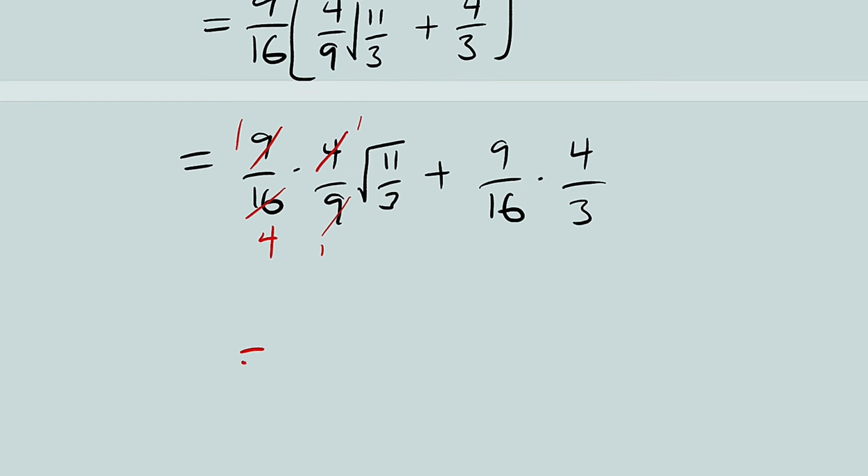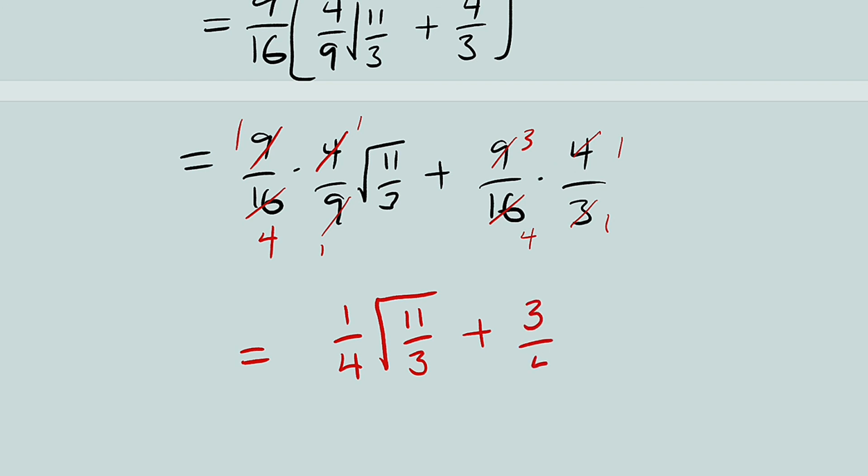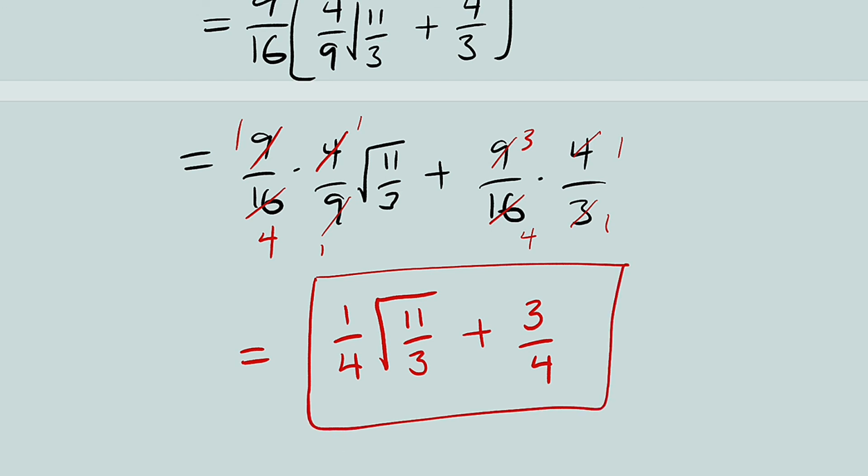We have 1 divided by 4 multiplied by square root of 11 over 3. Then we add again 4 into 4 1 time and 4 into 16 4 times. 3 here 1, 3 here 3. So we have 3 over 4. And lastly, this is our final solution.